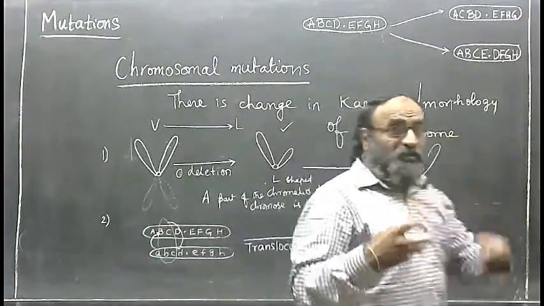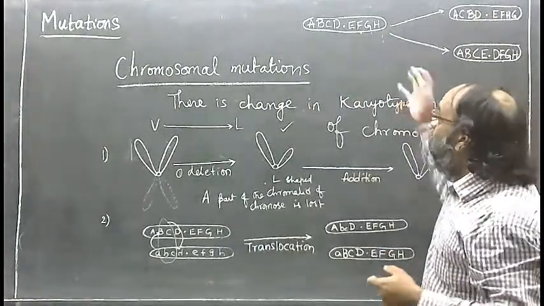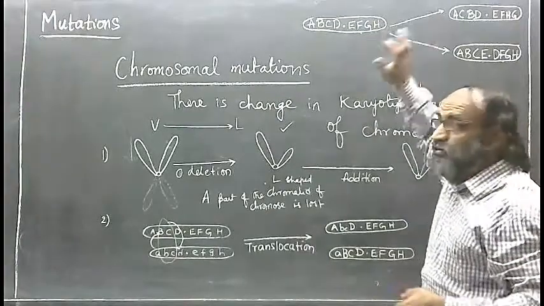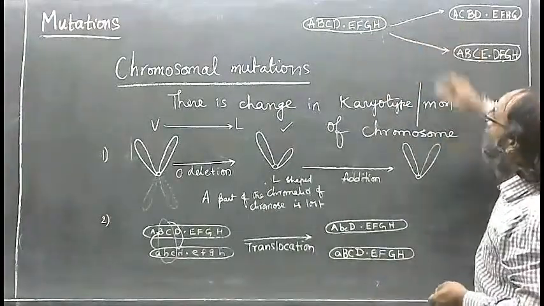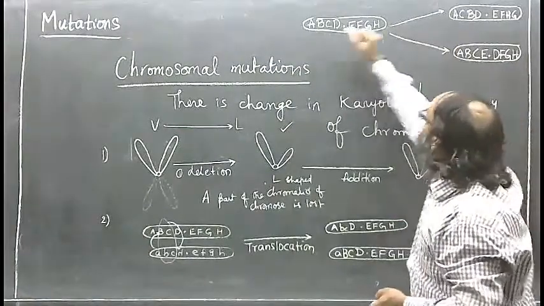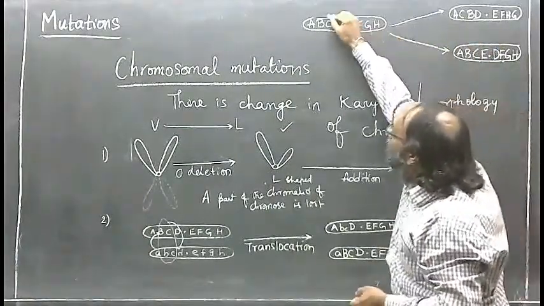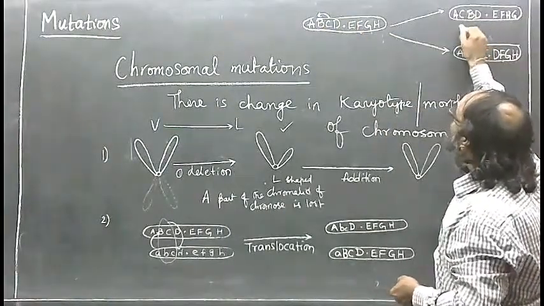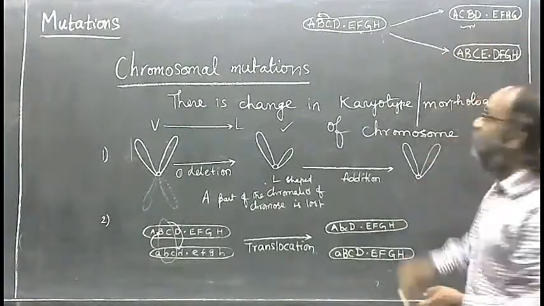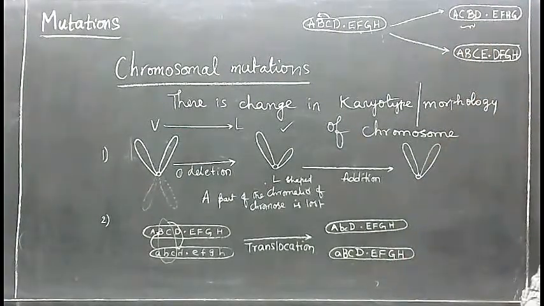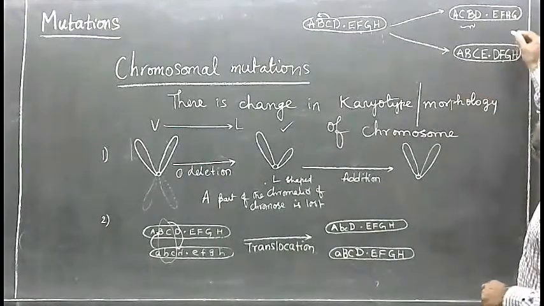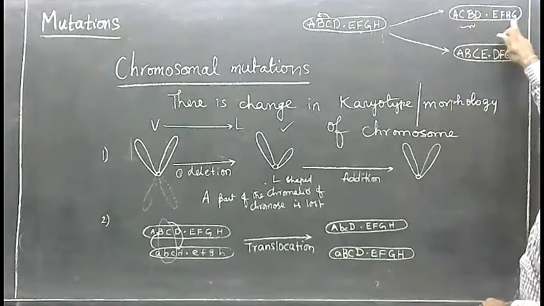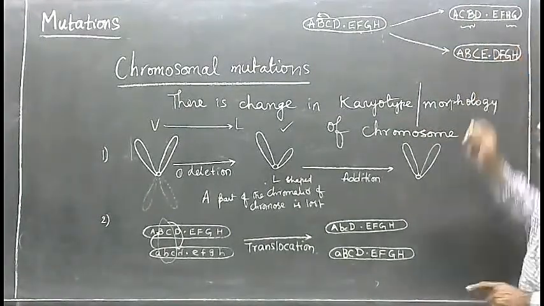Now, what is the sequence of segments before mutation? A, B, C, D, centromere, E, F, G, H. Now observe this. It is not the A, B, C, D sequence. It is A, C, B, D. Here there is a change in the sequence of segments. Again, instead of EFGH, there is EFHG.